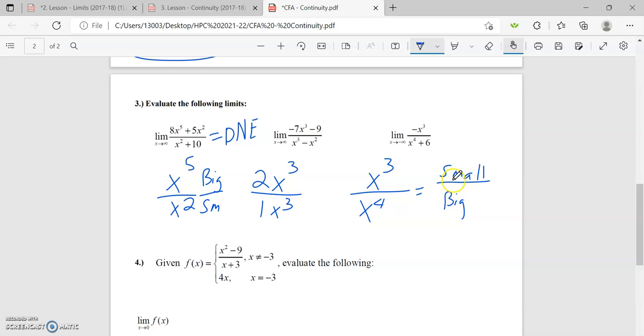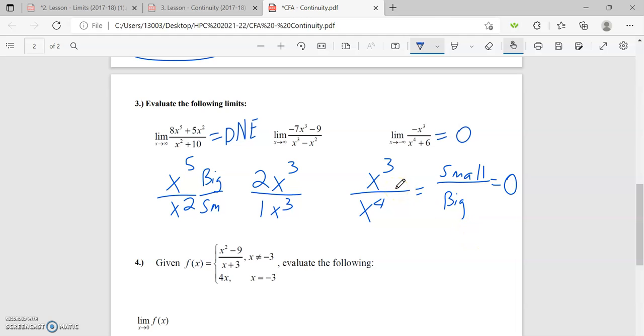So small over big will eventually tend to 0. Okay, again, very big generalizations, but just like our first one, as x is getting really, really big, the bottom will get bigger faster, so we get small over big. Well, think of that as like 1 over a really big number is tending towards 0. So this one, the limit is 0.